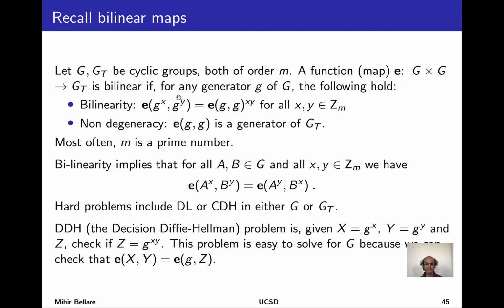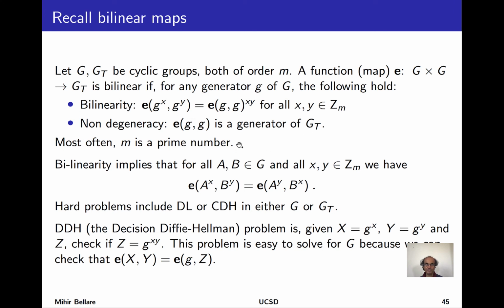The property it has is that if you have any generator of the first group, if you evaluate the bilinear map on g to the power x and g to the power y, what you get is the result of the map on the generator itself raised to the power of the product of the two exponents. Secondly, you have a non-triviality condition, which is that the result of the bilinear map on the generator twice is a generator of the target group.